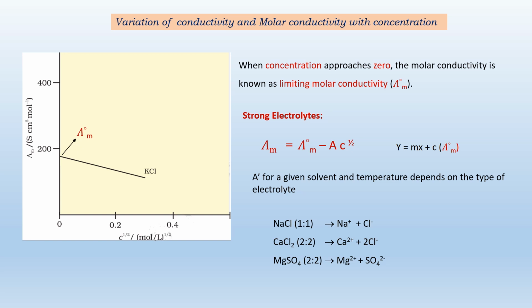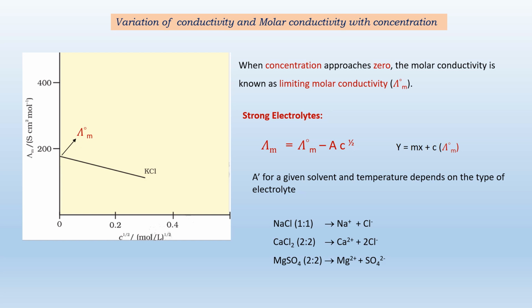You can obtain the lambda naught m value by extrapolating the line. It is not a measured value, it is an obtained value. Remember it. And lambda m is equal to lambda naught m minus A into C power of half.